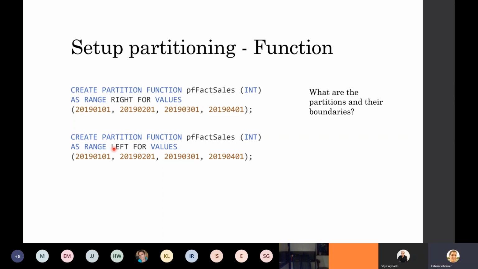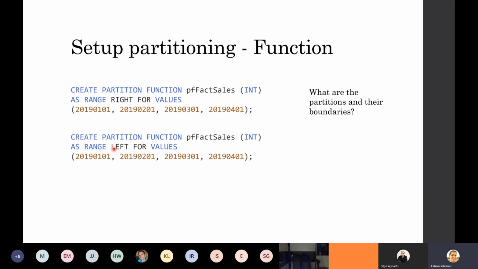And if you have range left, let's see the example. We have 2019-01-01. So the 2019-01-01 belongs to the left boundary. So the first partition will be everything smaller or equals January 1st.